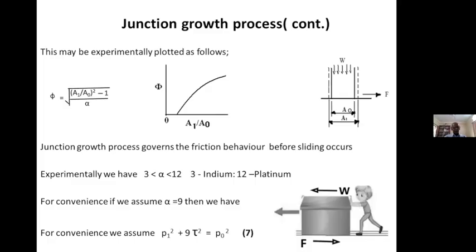I've shown it in the left-hand corner, phi equal to root over ((A1 by A0) square minus 1) by alpha. But experimentally also, it has been shown that the plot of phi against A1 by A0 becomes a little bit asymptotical.